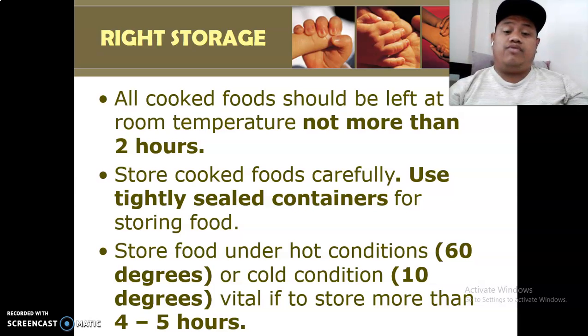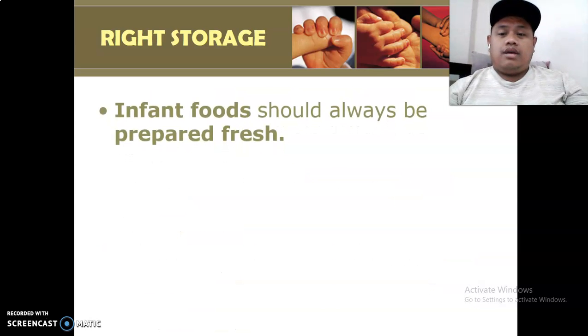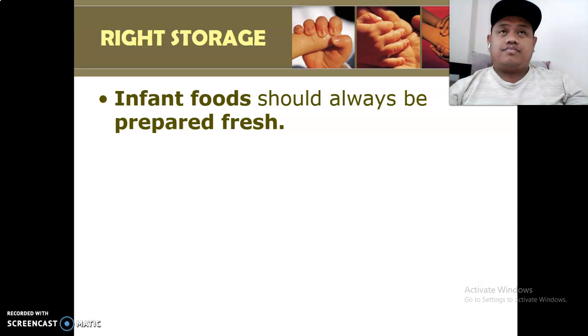If you're confused about hot and cold conditions, there are foods you store under hot conditions, like those that need to be fermented, and foods you store under cold conditions, like in the refrigerator. These are the readily cooked foods, and you have to reheat them before you eat them.